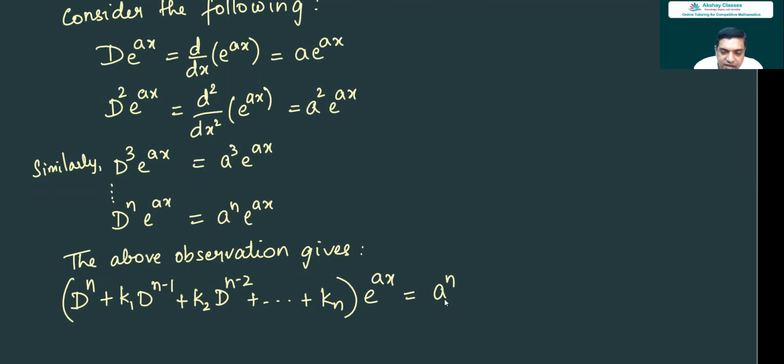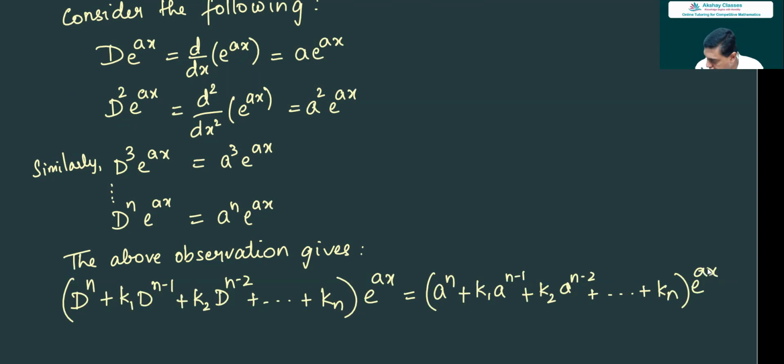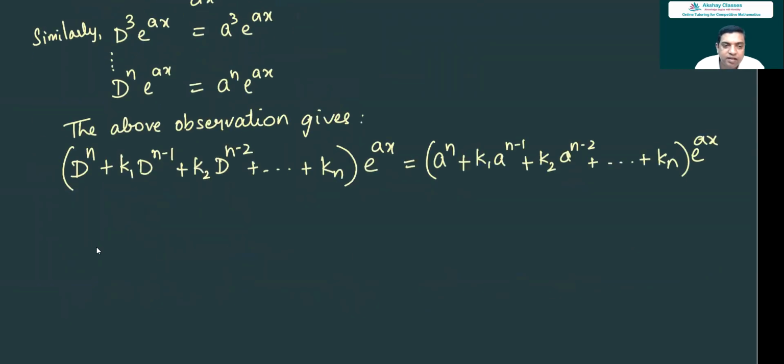So we have to just replace d by a. So we'll get a power n plus k1 times a power n minus 1 plus k2 times a power n minus 2 plus kn times e power ax. So what we get is f of d times e power ax is same as f of a times e power ax.